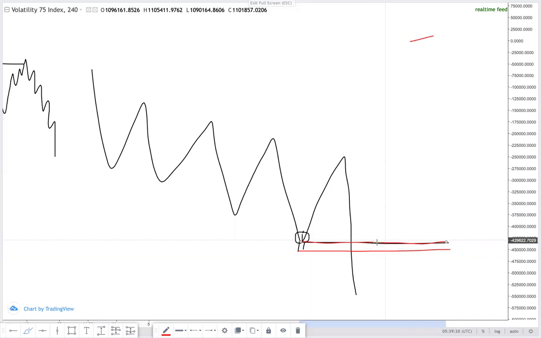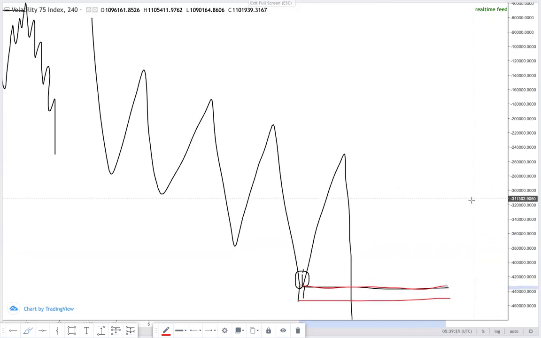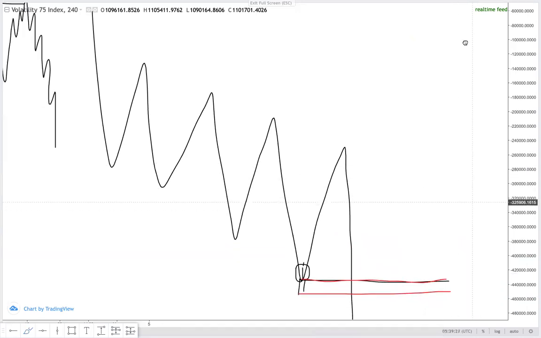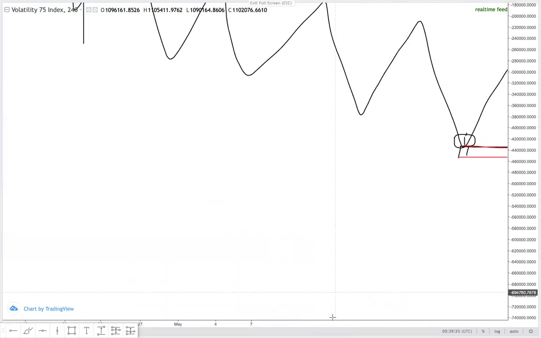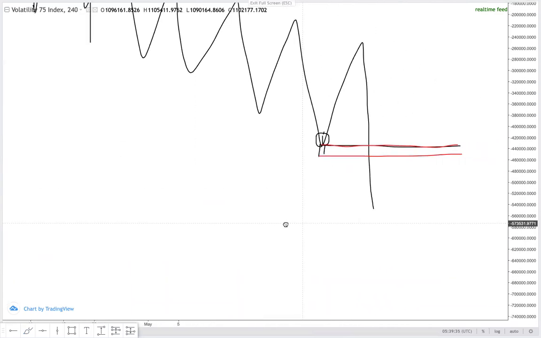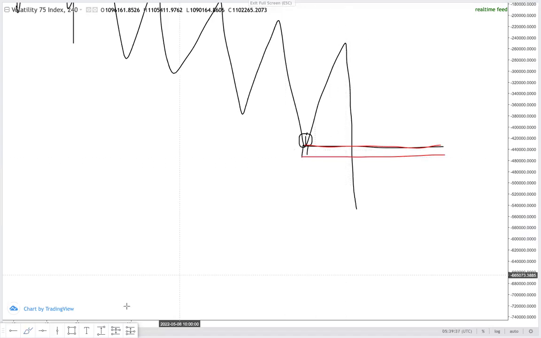So after creating these two boundaries, we are going to focus at this point right here. Between these two lines, our anticipation will be around here, around this trend.